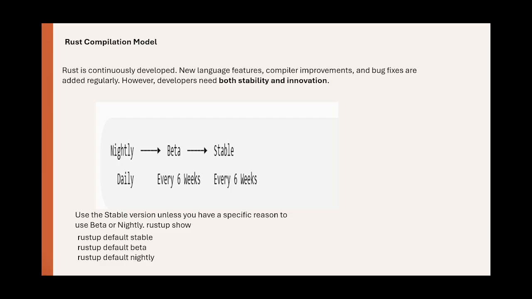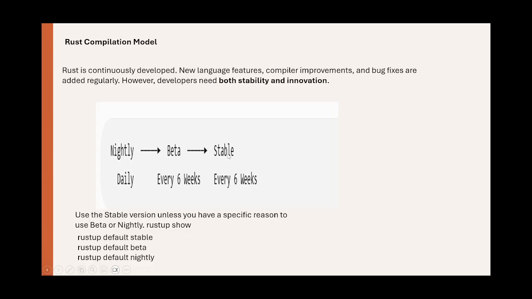Rust is continuously developed. New language features, compiler improvements and bug fixes are added regularly. Developers need both the stable version and the new features. So there are three versions that are managed: nightly, beta and stable.